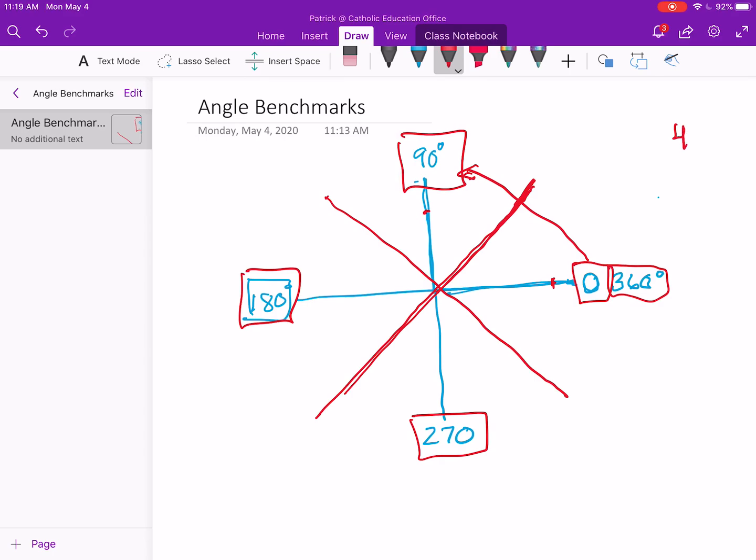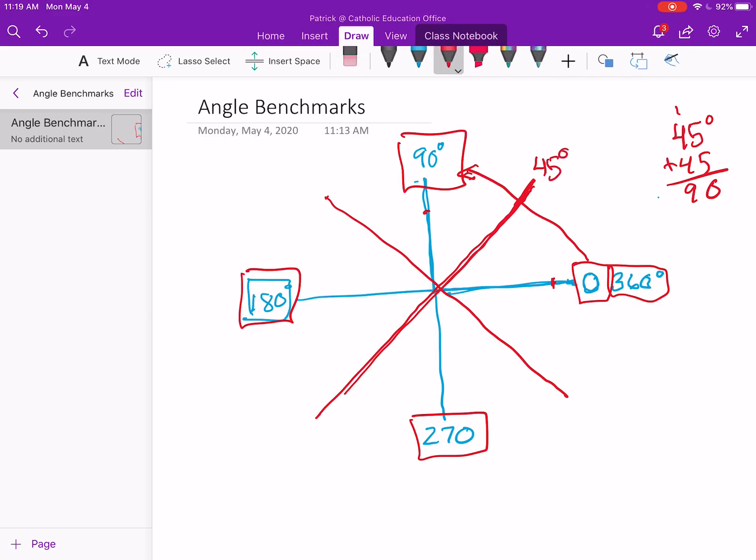And it's 45. 45 degree angles are very common. So I could take 90 and divide it in half, or I can think 45 plus another 45 equals 90. 5 plus 5 is 10. 4 plus 4 is 8, plus 1 more is 9. 90. So this here is a 45 degree angle, halfway between.